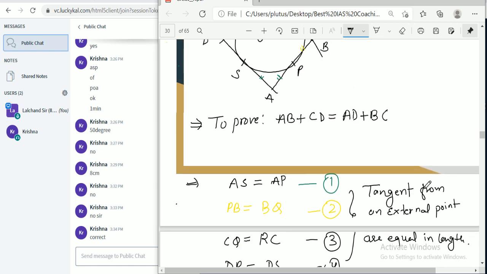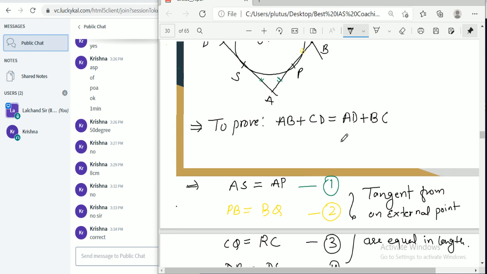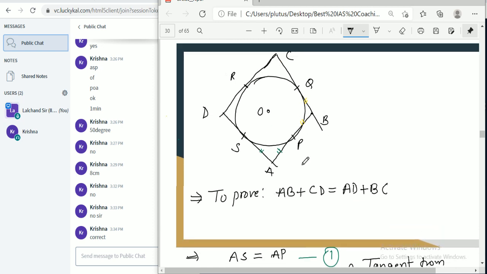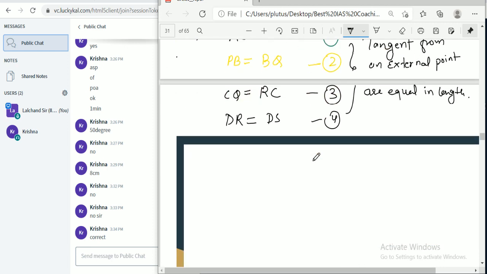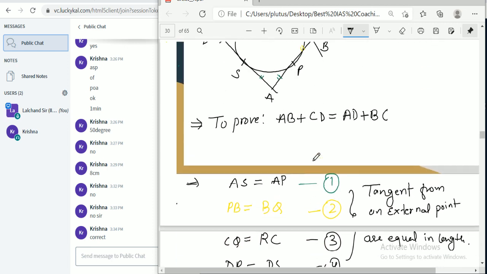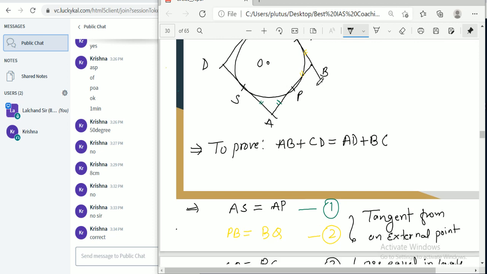Now can you tell me how can we make side AB? Which equation we need to add up to make side AB? If we look at AB, AB is basically the combination of AP and PB. So AB can be made with the help of AP plus PB.